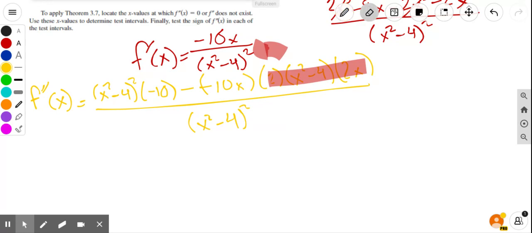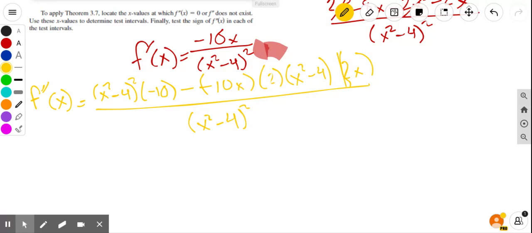So here's what you may notice. I can pull out a greatest common factor in the numerator. And that greatest common factor can be, well, let's just start small.